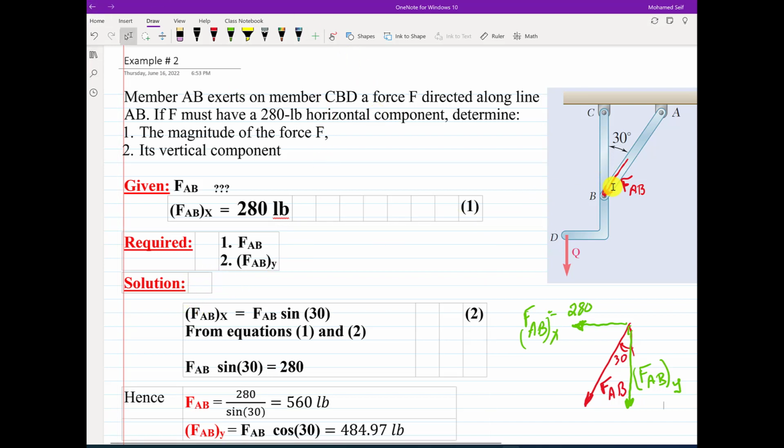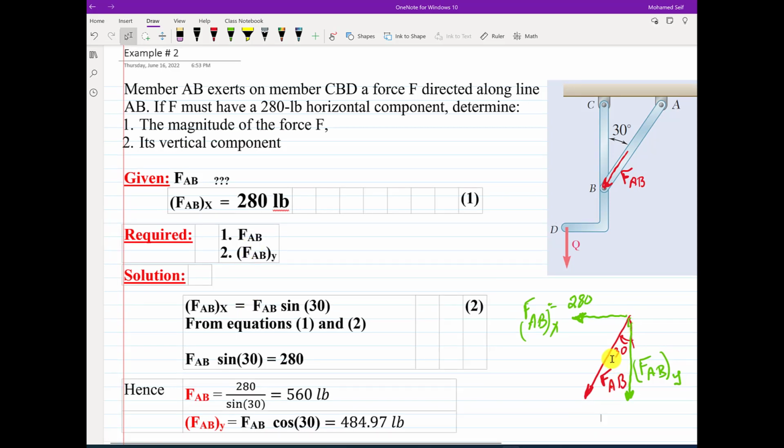First, we're going to have these two components. So it tells me that the X component of the FAB should be 280. So what's the FAB X component? From the equation, let's apply the equation. FAB in this direction. And also we need to get the FAB Y, the Y component here.